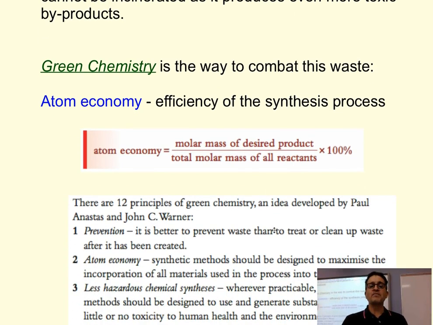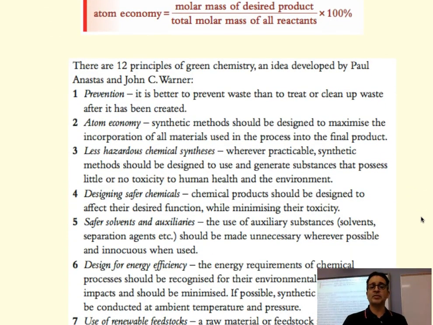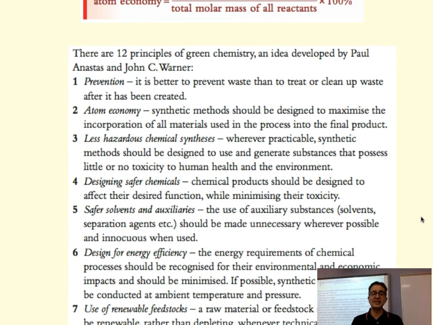So what are the principles of green chemistry? You do not need to memorize all 12 principles, but getting a general idea of what they are is a good thing. Obviously, principle number 1 is prevention, to basically try to avoid creating waste.